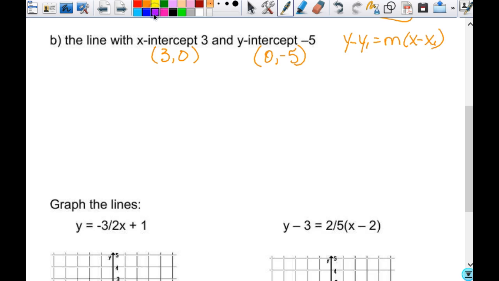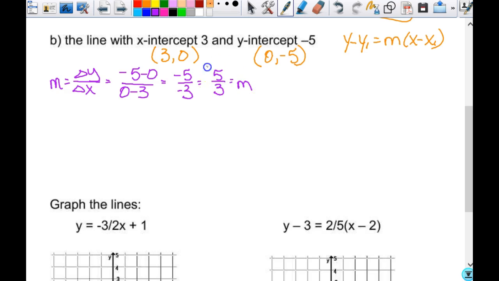And we need to find the slope. Delta y over delta x. Good. So we'll do -5 minus 0 over 0 minus 3. Which gives me -5 over -3, which is 5/3. That's your slope.